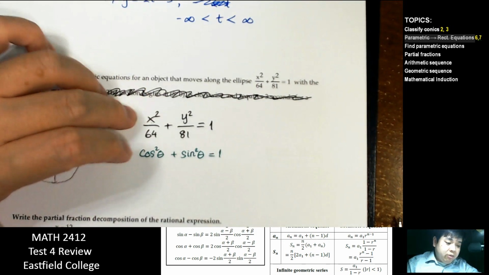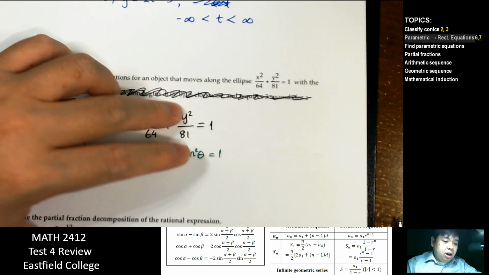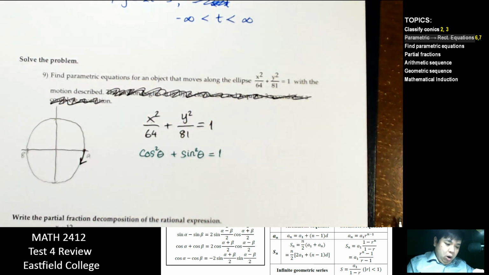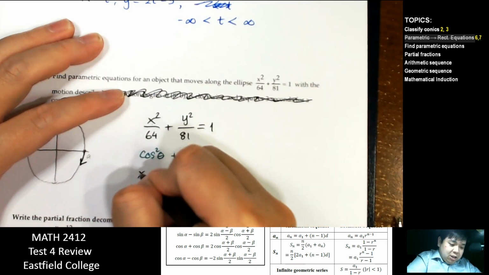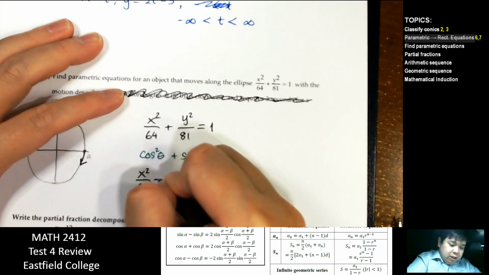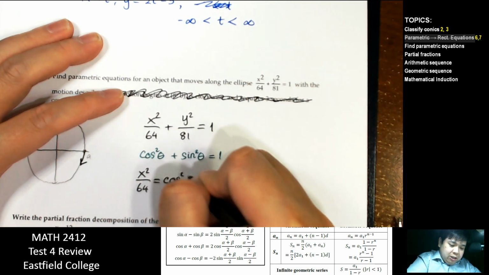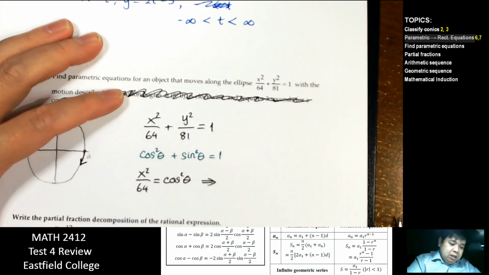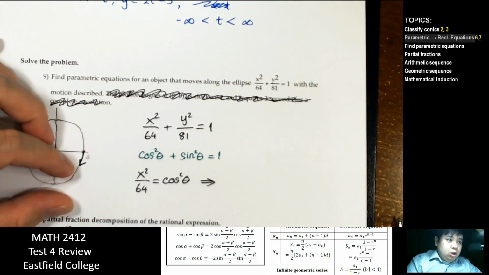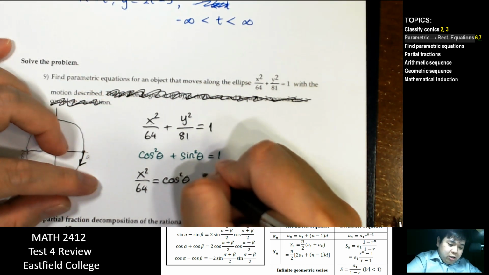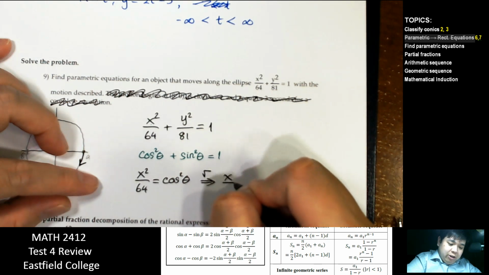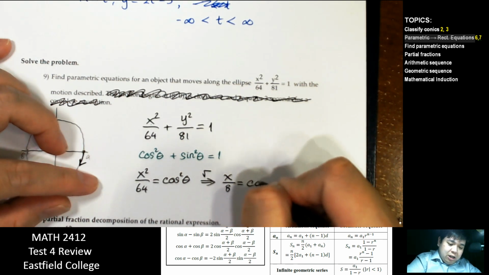Then we just say one of them is cosine and one of them is sine. We can mismatch if we want to. But let's say x squared over 64 is equal to cosine square. Taking the square root on both sides, we have x over 8 equal to cosine theta.